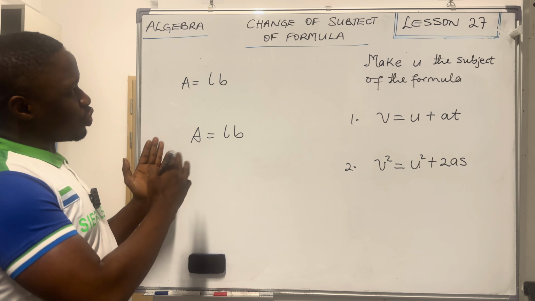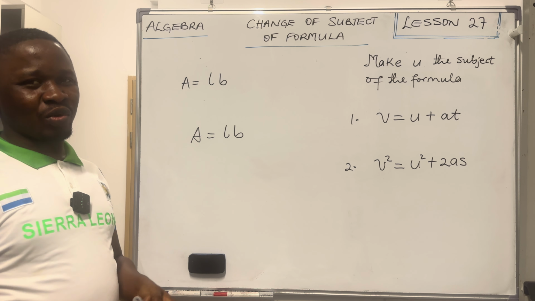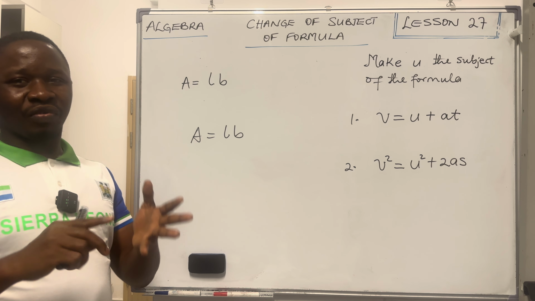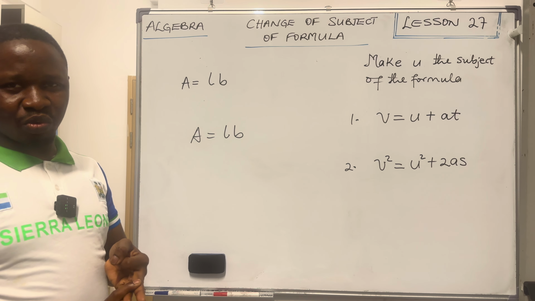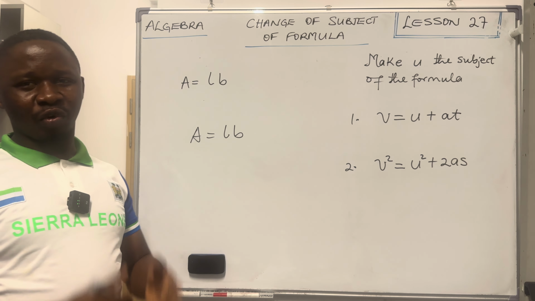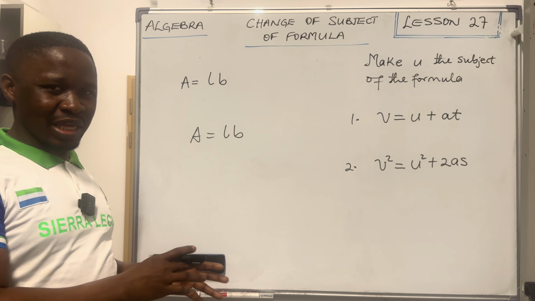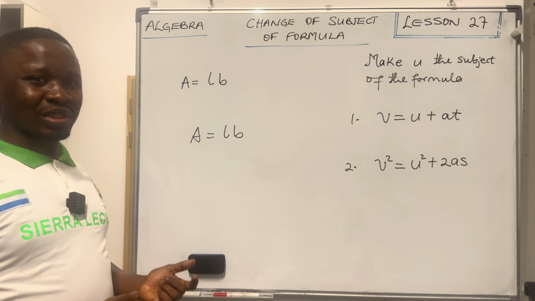All you do in a topic like this is not something that should bother you, as long as you can take care of linear equations, quadratic equations, simultaneous equations. You should be able to understand change of subject of formula because the same principles we apply in linear equations, quadratic equations, simultaneous equations are the same.